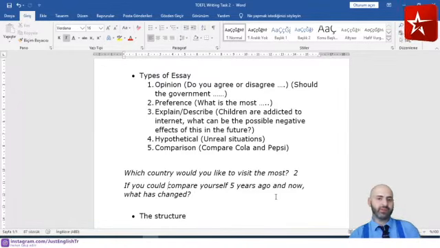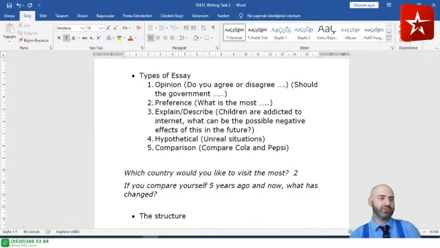If you compare yourself 5 years ago and now, what has changed? We don't need could here because it makes a little bit difficult essay structure. Okay, so Aleph thinks for second question, it is type number 5. And do you have any other opinion, guys? Do you have any other ideas?